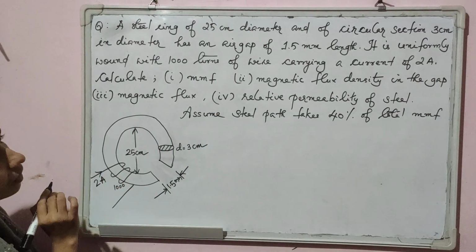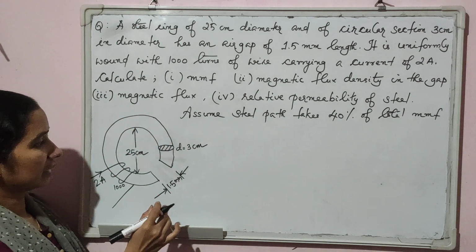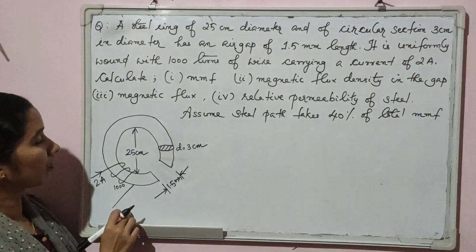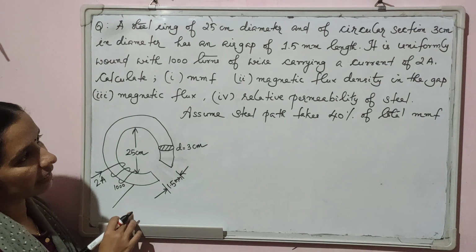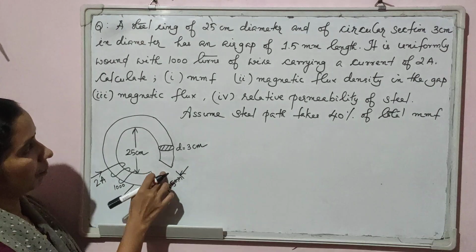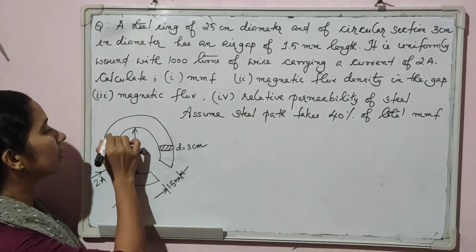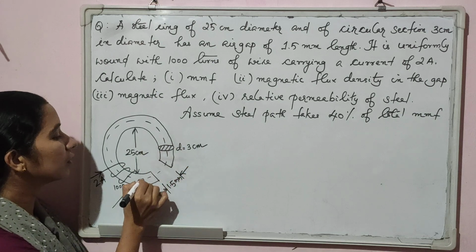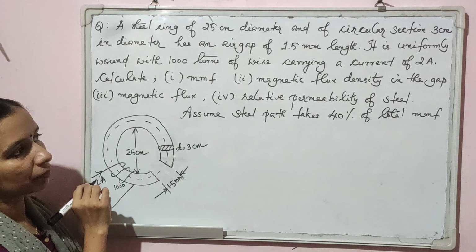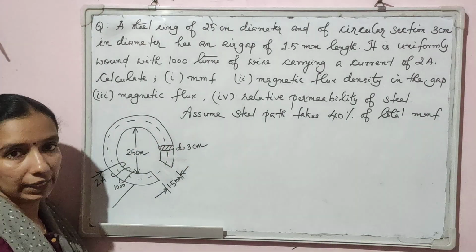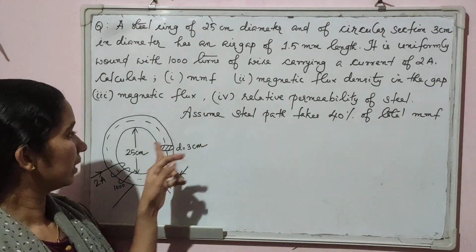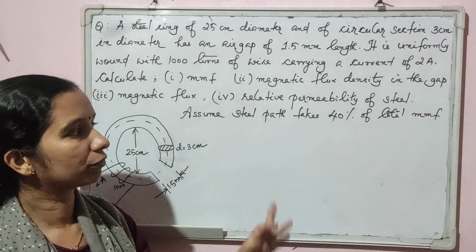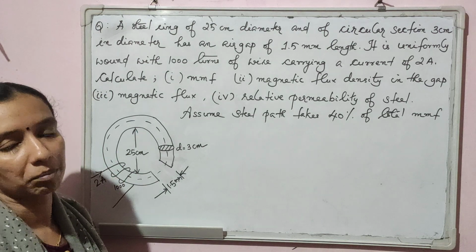And we have to calculate the MMF of this circuit, flux density in the air gap, magnetic flux developed, and the relative permeability of steel. Also given that the steel path takes about 40% of the total MMF.